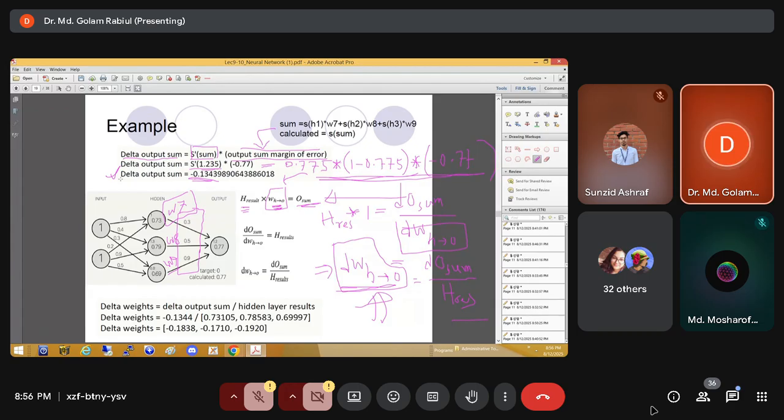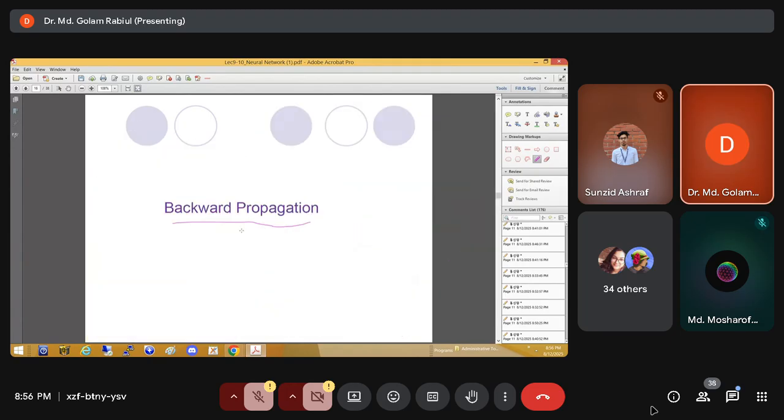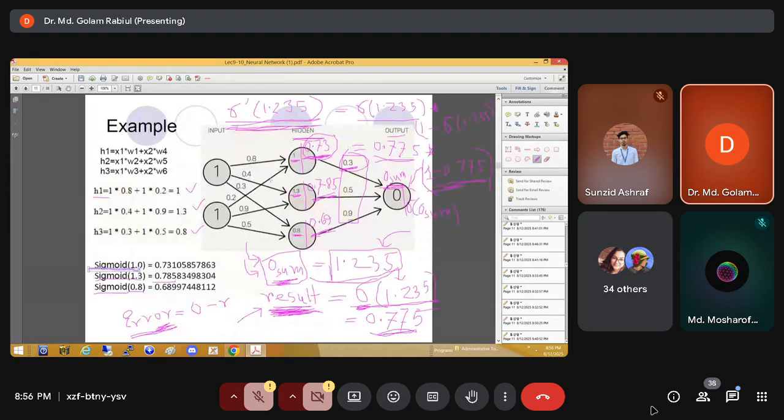We already got the delta output sum. We have to divide this by the hidden layer results. We know that the hidden layer results are 0.73, 0.785, and 0.69.